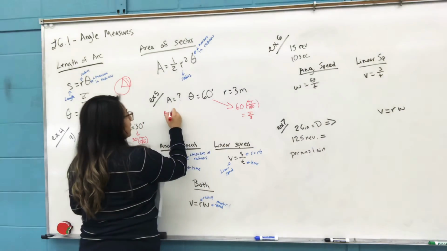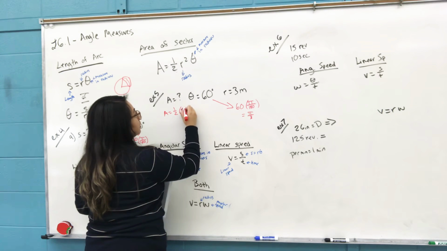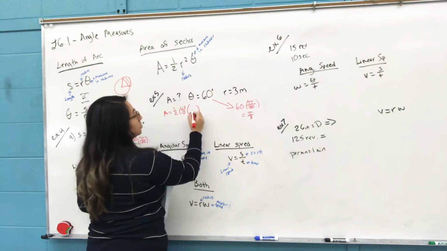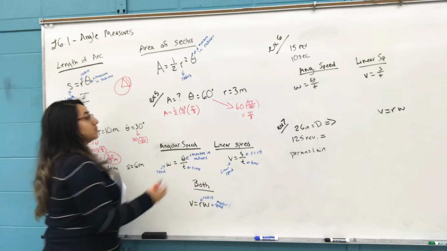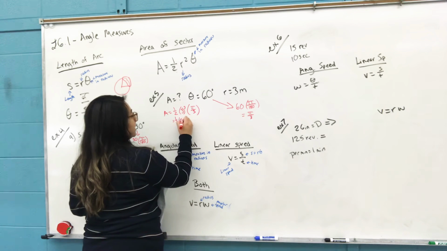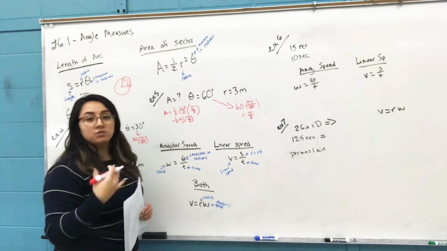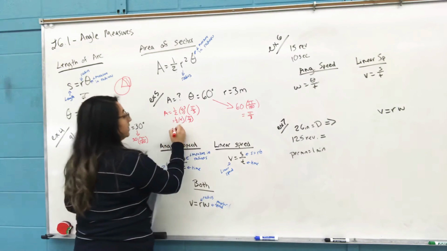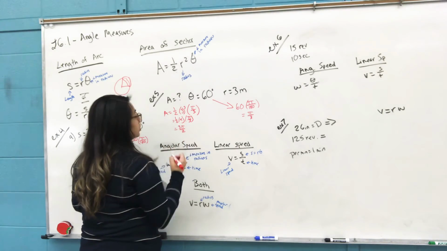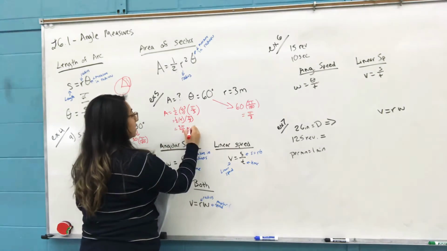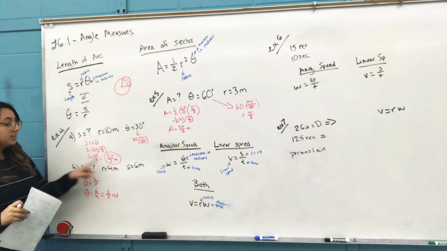So here, area is equal to 1/2 times your radius squared, 3 squared, times your measurement, which is pi radians over 3. Now, you go ahead and multiply. I get 1/2 times 9 times pi radians over 3. Think of 1/2 times 9 times 1/3 and include that pi radians on top. If you do that, you get 3 pi radians over 2. And your area is in terms of meters squared. This one was in terms of the length, so it's also meters.